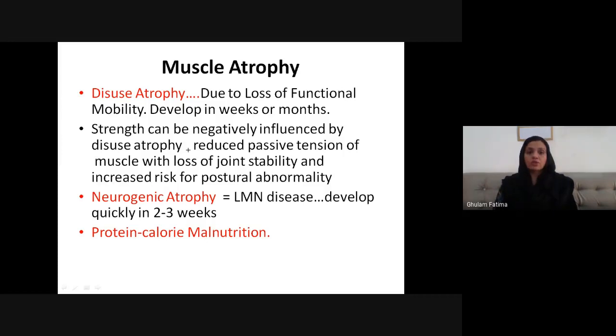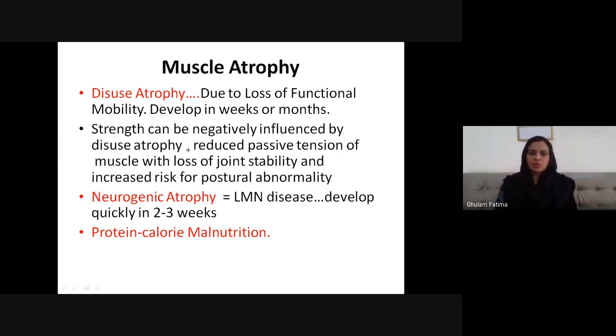It means that neurogenic atrophy is common in the type of paralysis which is not spastic but flaccid. Neurogenic atrophy is common in flaccid paralysis, and the most striking part is that it develops quickly, within 2 to 3 weeks. That's why previously I was telling you that flaccid paralysis is considered more dangerous, in that it leads to significant atrophy that develops quite quickly.